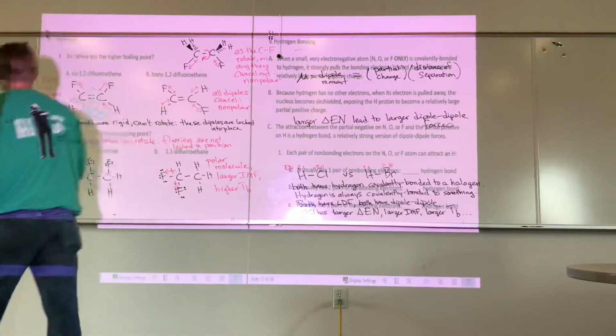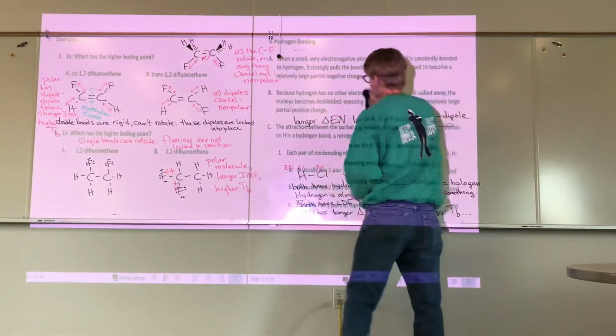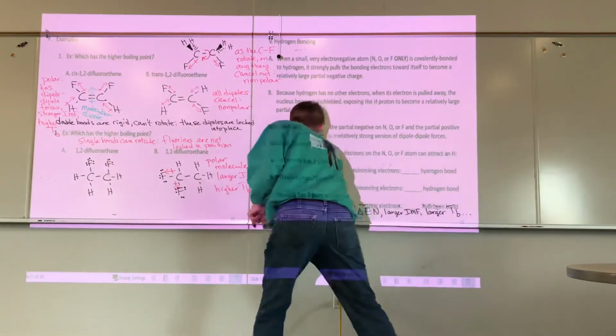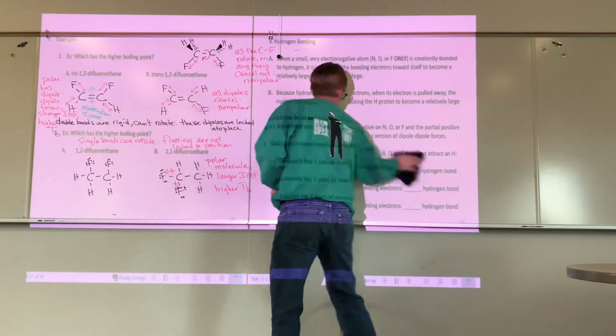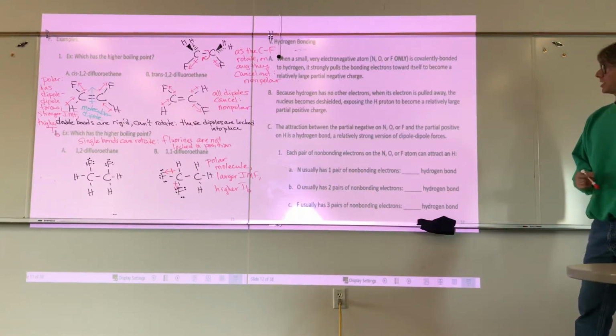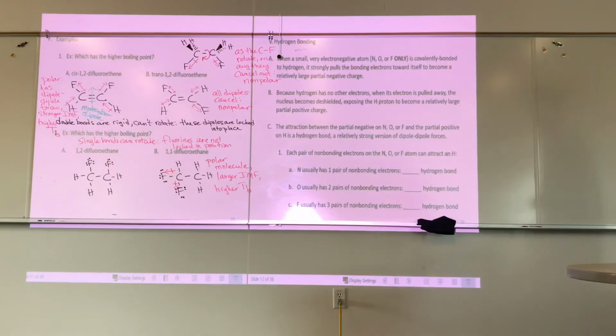Finally, hydrogen bonding. When a small, very electronegative atom, nitrogen, oxygen, or fluorine only, is covalently bonded to hydrogen, it strongly pulls the bonding electrons toward itself to become a relatively large partial negative charge.